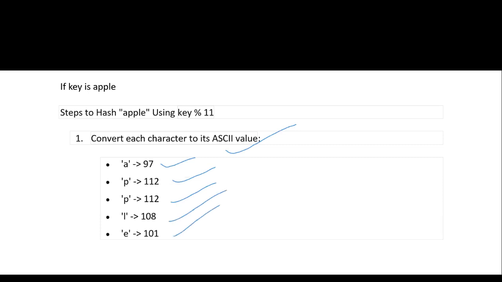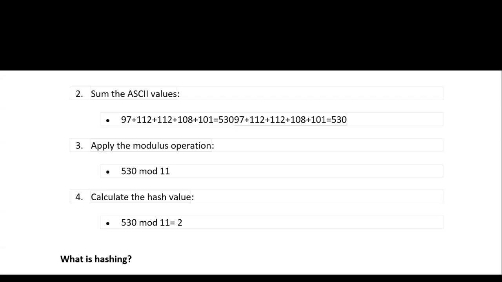All the letters here are lowercase, so it also depends on whether you're giving uppercase. First we converted the characters into ASCII values and summed them up, and I got 530. So we converted the alphanumerical key to a numerical type. Now 530 mod 11 gives me a hash value of 2. So this will go to the second index in the array.